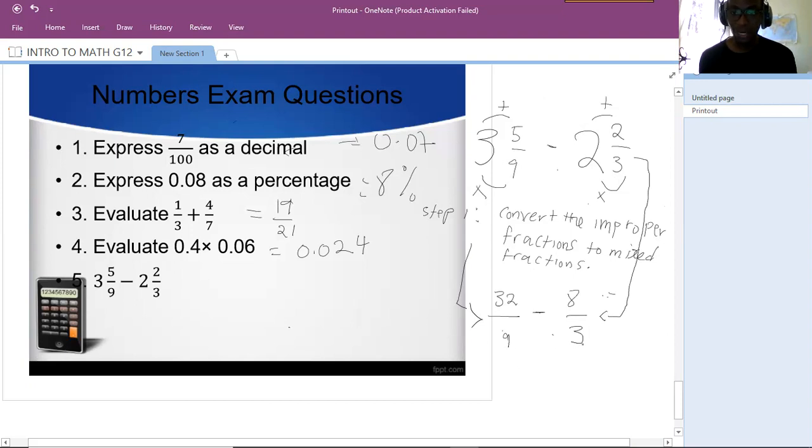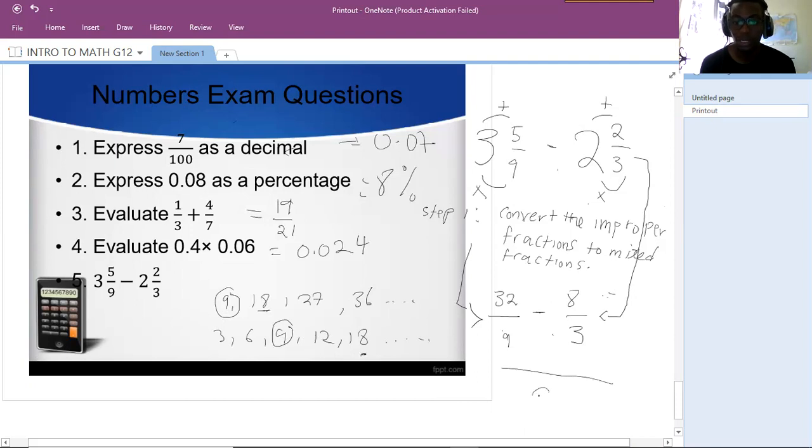So between 9 and 3, our lowest common multiple. If I list the multiples of 9, I've got 9, 18, then 18 plus 9 is 27, 27 plus 9 is 36, etc. Then multiples of 3: 3, 6, 9, 12, 15, 18, etc. You've seen that they have 9 in common and 18 in common, meaning the lowest common multiple between 9 and 3 is 9.